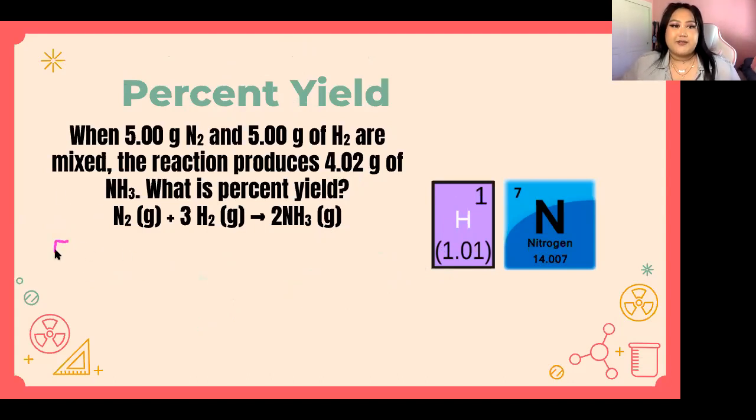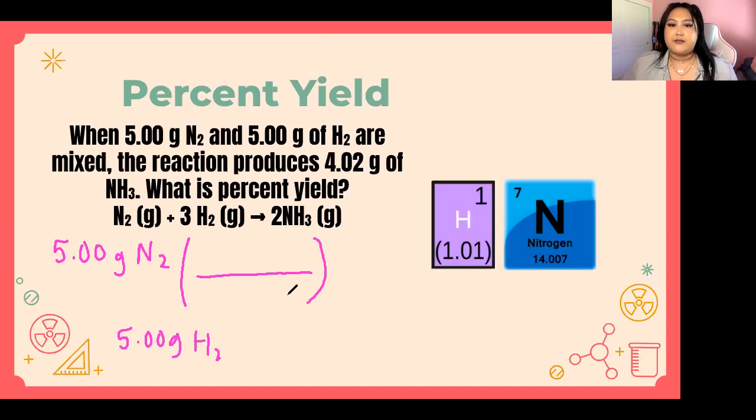Okay, so we have 5 grams of N2. And then we have 5 grams of H2. So we'll have to do 2 different processes, right? So we'll focus on the N2 first.